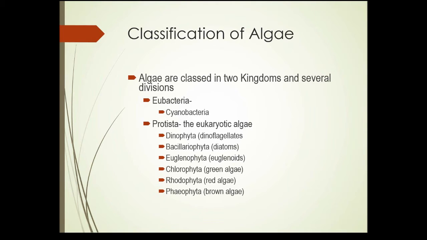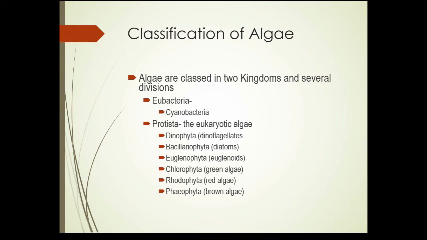Algae are classed into two kingdoms, and then there are several divisions, particularly in the second kingdom. The first is the eubacteria, and that includes the cyanobacteria, which are also called blue-green algae. And then the kingdom Protista contains the eukaryotic algae, or the algae that have true nuclei, and their DNA is contained in a nucleus.